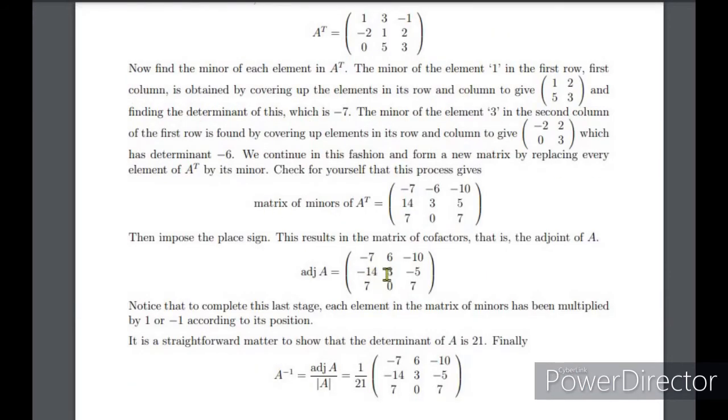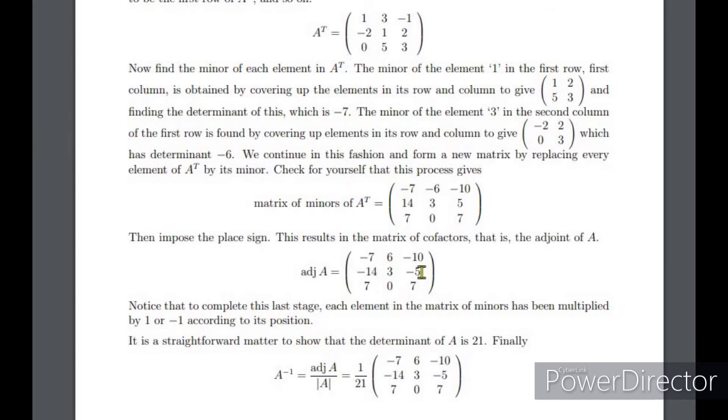So here you notice that -7 remains -7 because the sign for this part is positive, so it will remain unchanged. But -6 becomes +6 because the sign here is negative, so negative times negative will be positive. Okay? Then -10 is the same because the sign here is positive.